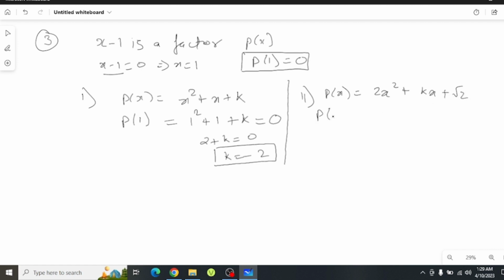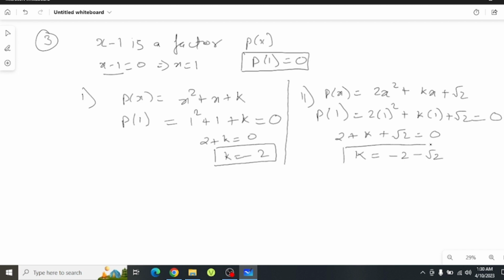Now we will put 1 in place of x, and then we will solve it. This will become 2 plus k plus root 2 equal to 0. So the value of k is minus 2 minus root 2. This is our answer for the second part.